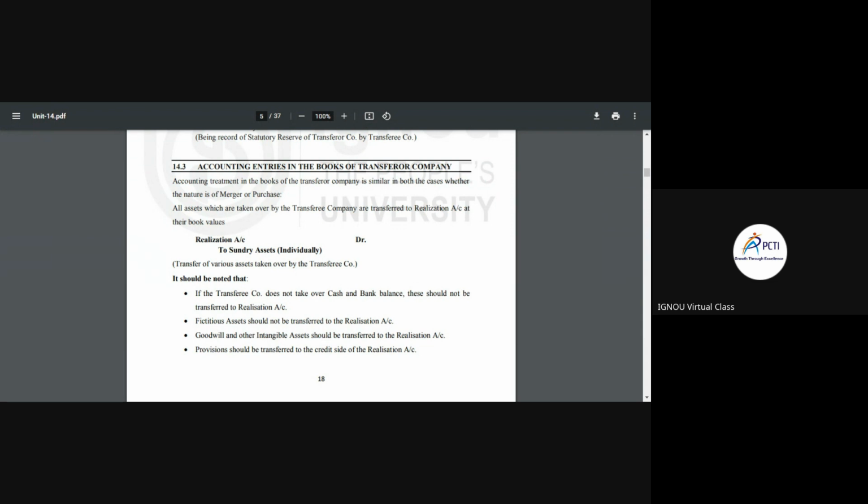In the case of the transferee company, we have already seen how we can pass the necessary general entries in its books. Now we need to check the accounting entries in the case of the transferor company.